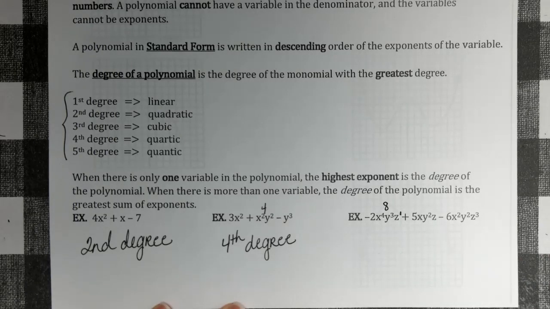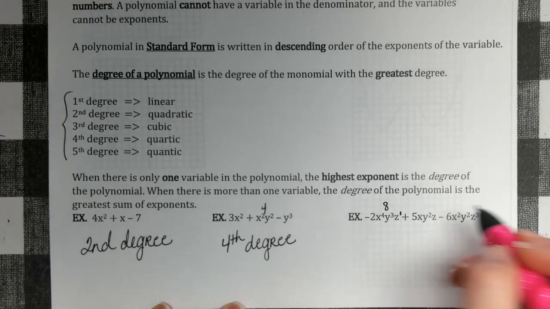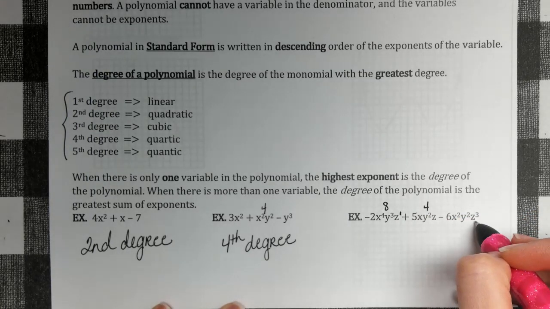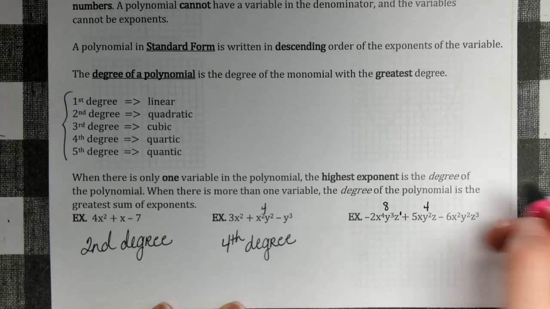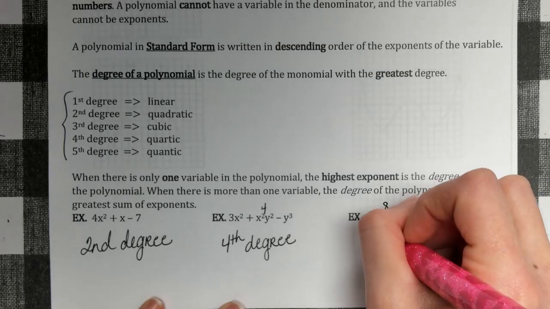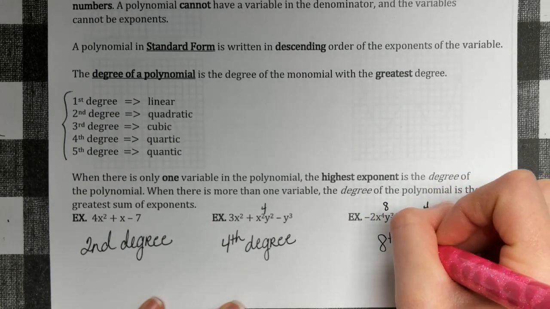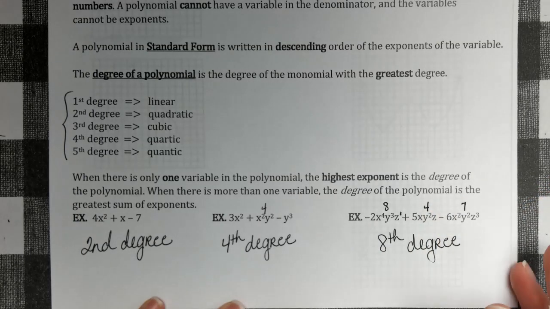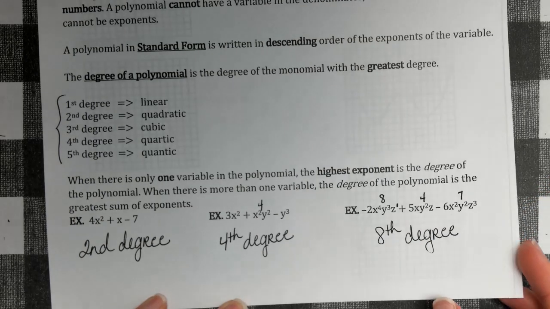And then x y squared z would give me 4, and then x squared y squared z cubed would be 7. So what degree do I have for this polynomial? An 8th degree polynomial. Okay? We're good with that? Alright.